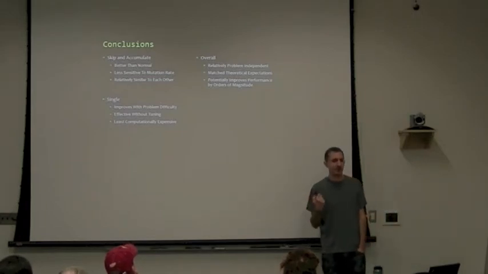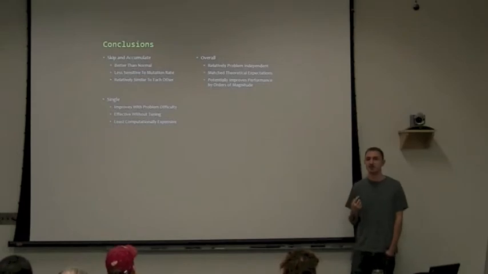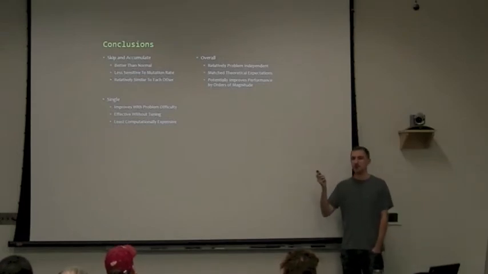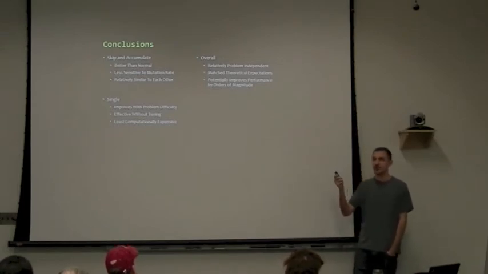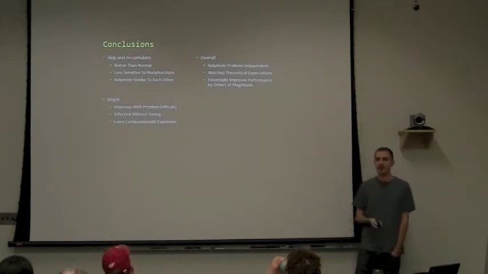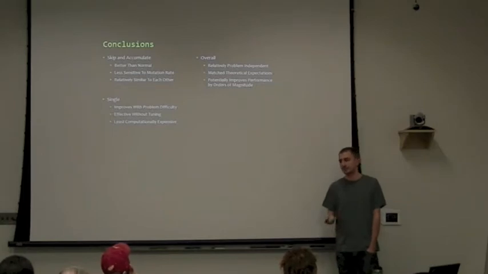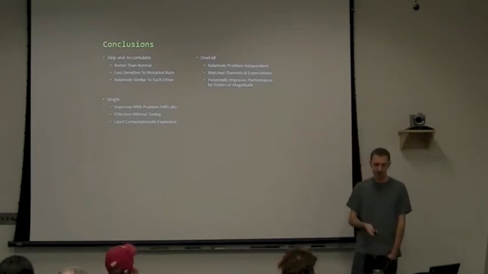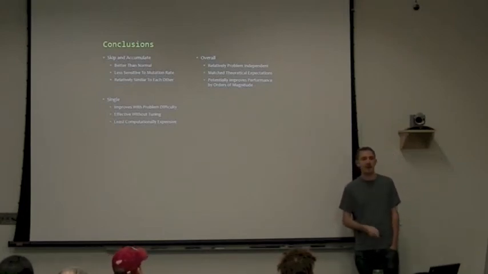It matched almost identically with my theoretical expectations. For all these runs, I also predicted the expected amount of waste, and then I looked at the difference between skip and normal, and I saw that they were almost dead on the same. So it is doing theoretically exactly what I expected, which is some more backup to my results. And there are potential improvements by orders of magnitude.